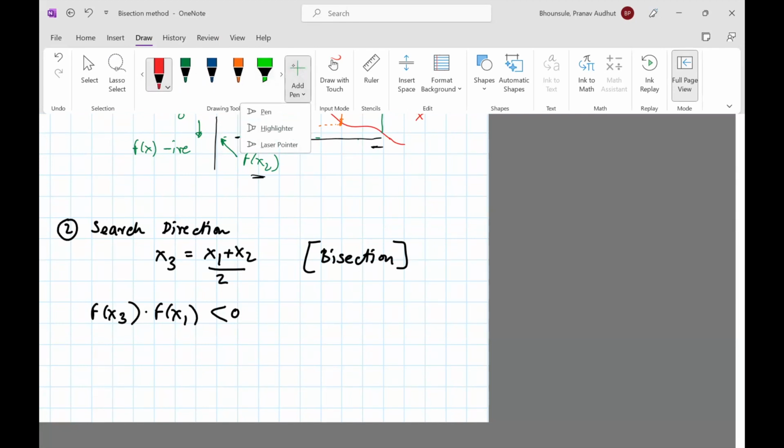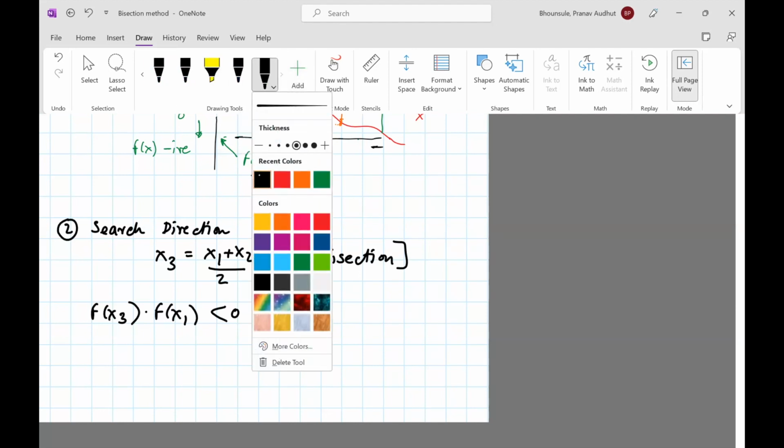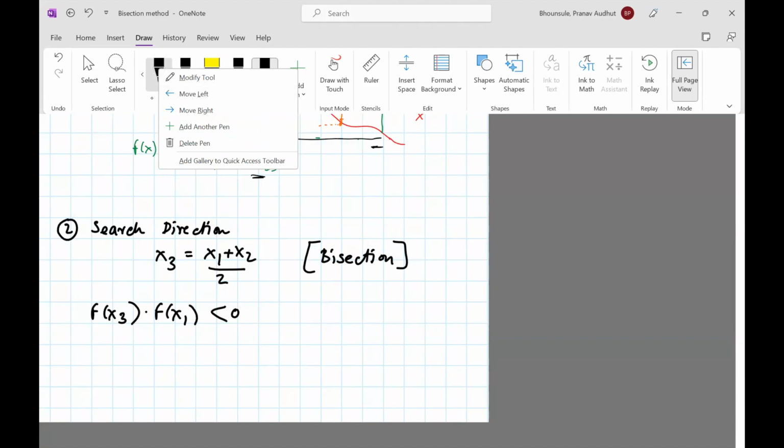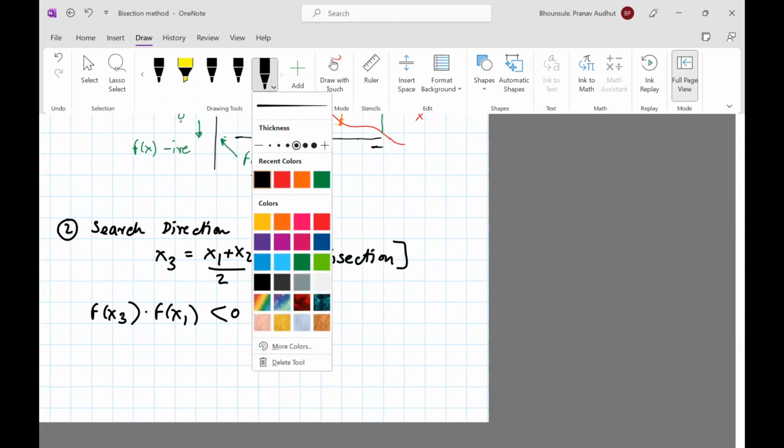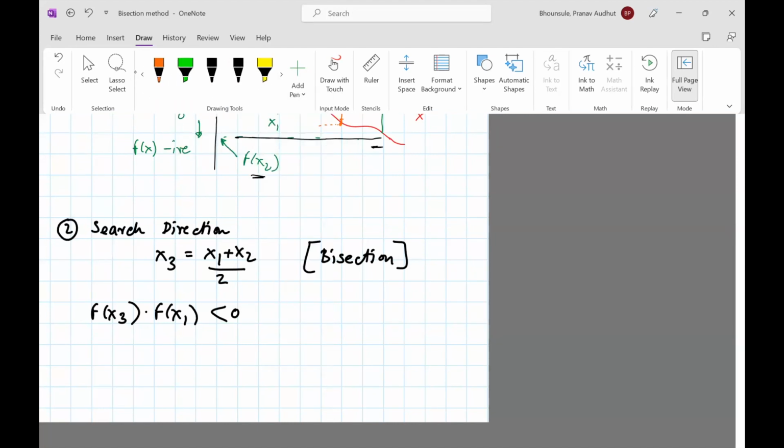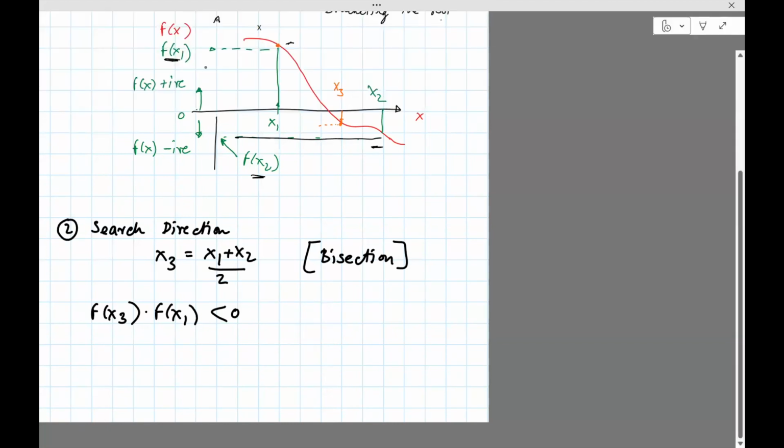I lost my pen. Oh, it's here. Okay, if this is the case, then x1 and x3 are bracketing the root, and you no longer need x2.